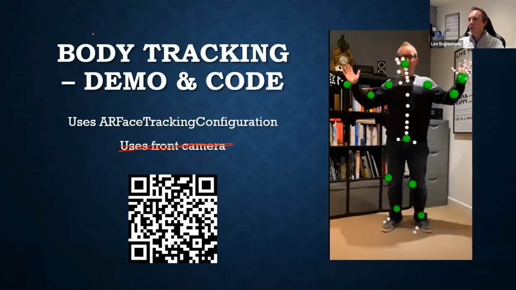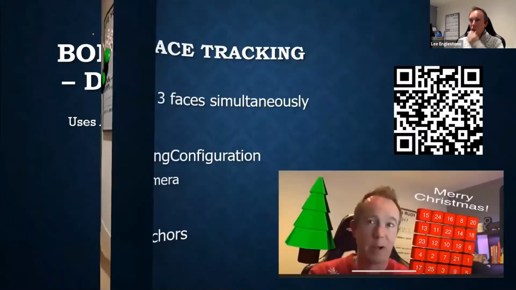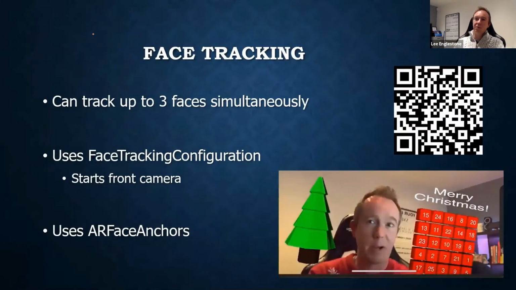Okie dokie. So what's next? Then we've got facial tracking. You can track up to 3 faces in the scene, and this does use the front camera by default. I need to mention this is facial tracking, not facial recognition. There's been a lot of bad press for facial tracking and recognition software recently, mainly because we've got governments using it for a reason perhaps it shouldn't be.